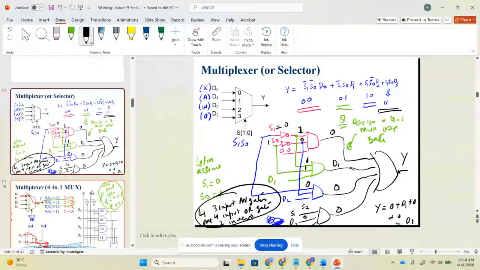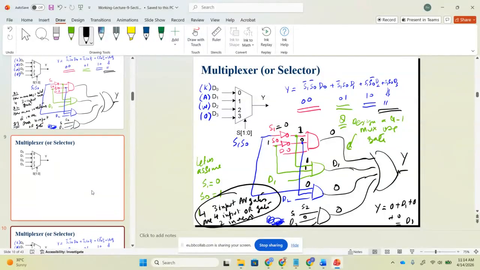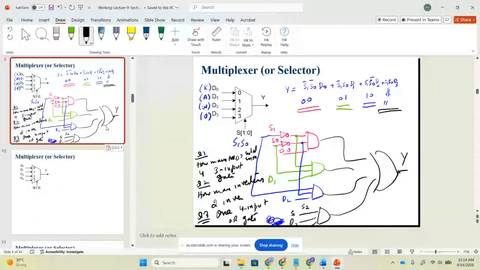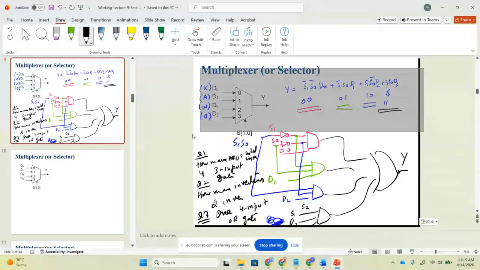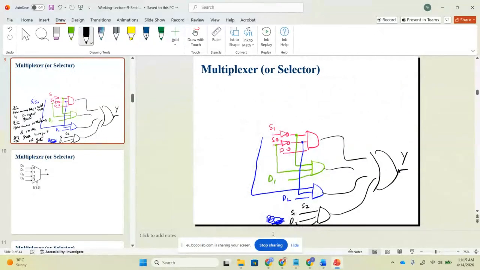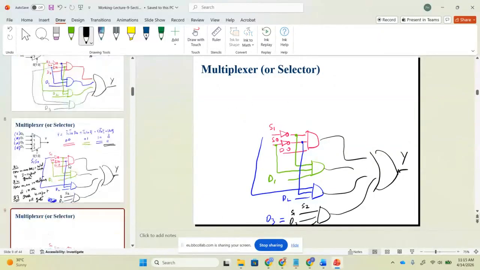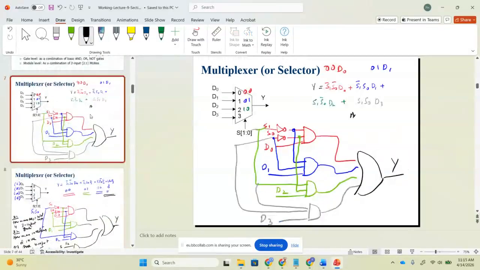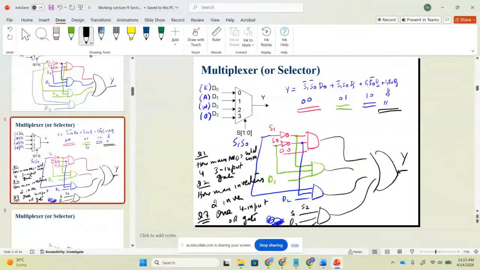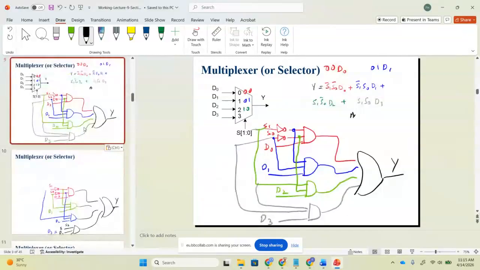Any question? Okay, now I'm going to draw the same figure. No, we draw this figure, sorry. Got it or not got it?